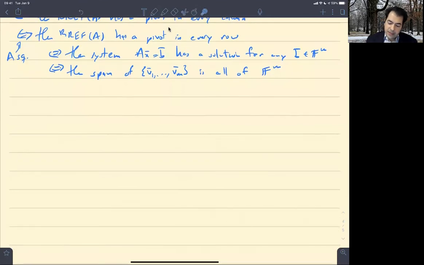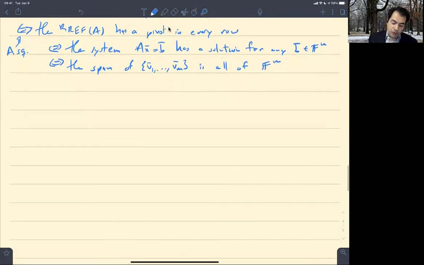Okay, now here's something that's really useful for proofs. We're going to call it the linear independence lemma. And so here's where it's actually useful to be working with lists instead of sets, so to have a set with an order. So here's the linear independence lemma.